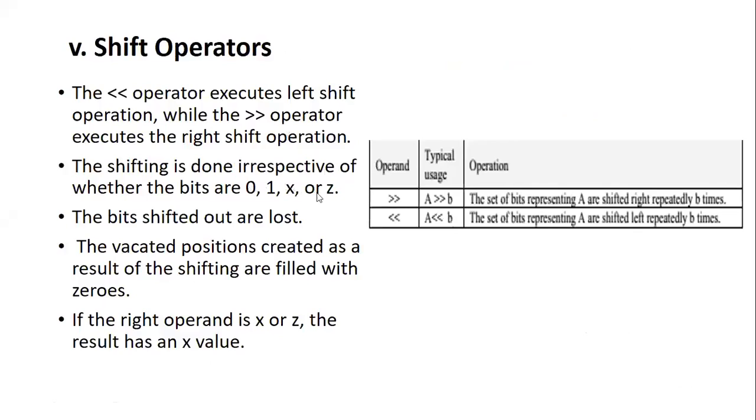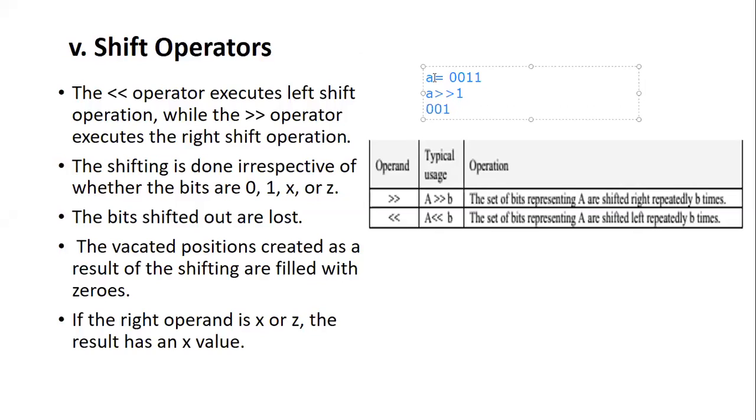So if I take a number a which is equal to 0011, and I give a right shift 1, a will be right shifted by 1. What will happen to the right shift? If it is right shifted, this bit will be lost. So the solution will be 001. But what will be the MSB over here?